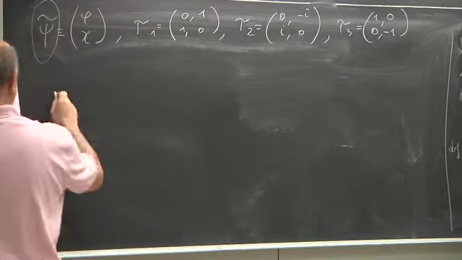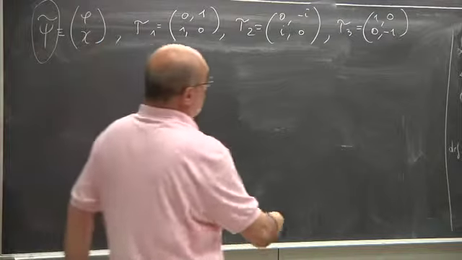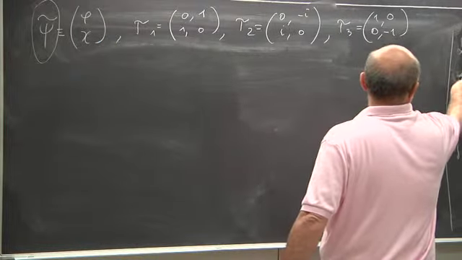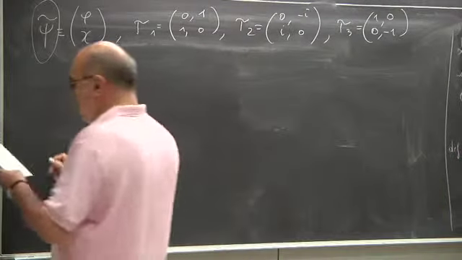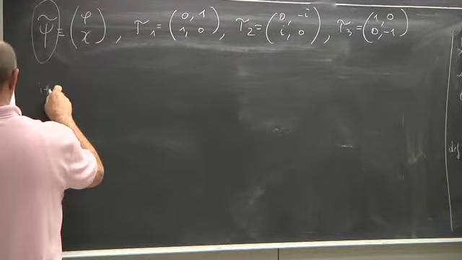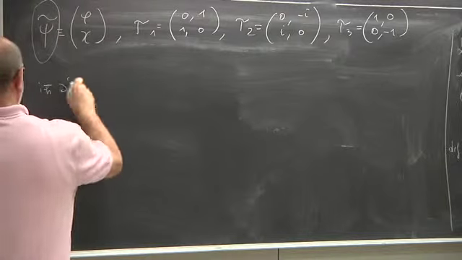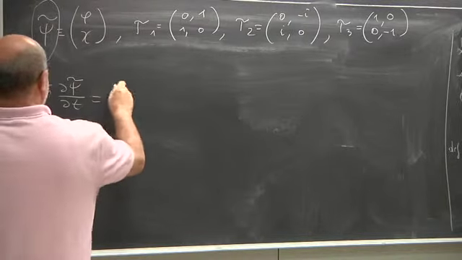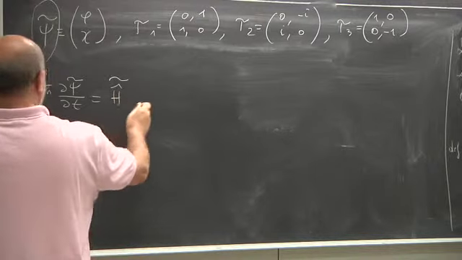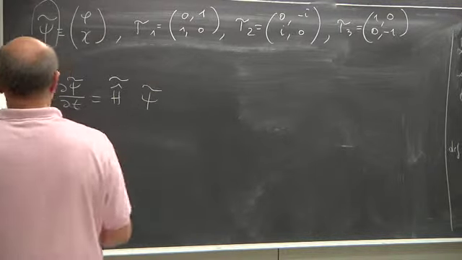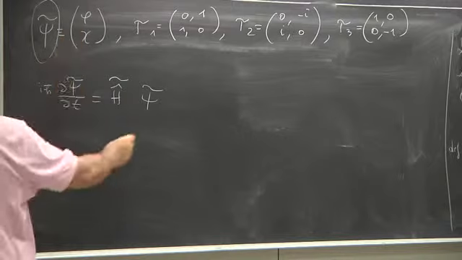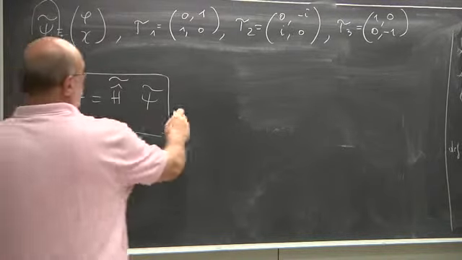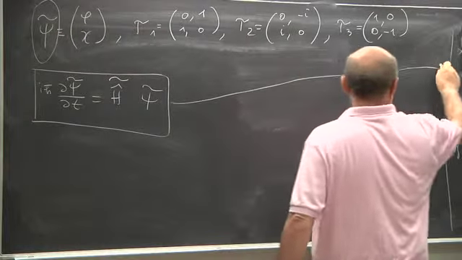These two equations can be written in the following manner: i h bar d psi tilde dt is equal to some strange Hamiltonian, which we will call H, acting on psi tilde. I will give a definition of this, and it is equivalent to this.